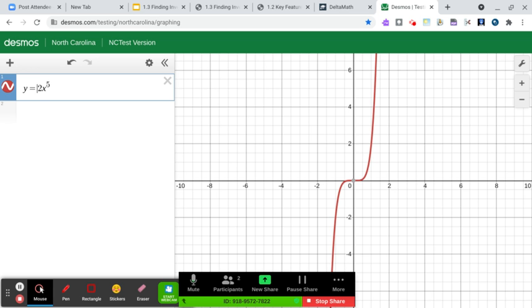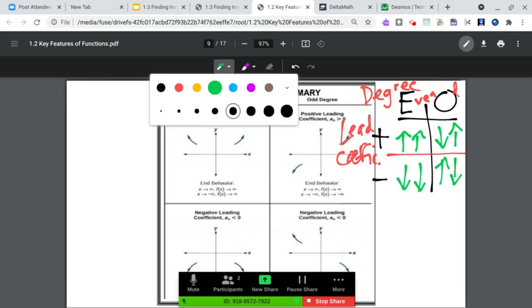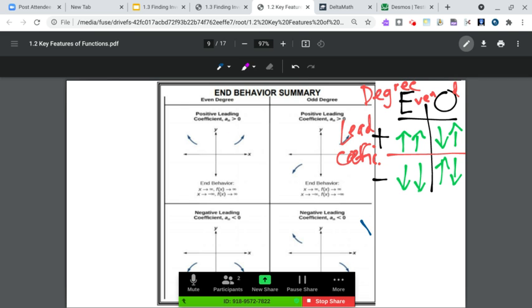Okay, now when would you use this? If you just had to quickly look, let me just give you one more example. Let's say I said y equals 3x squared plus 5x cubed.